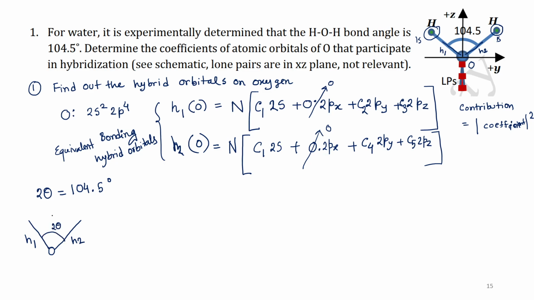This is your 2 theta, this is your z axis, and this is your y axis. Let me change the color. So this is your theta.